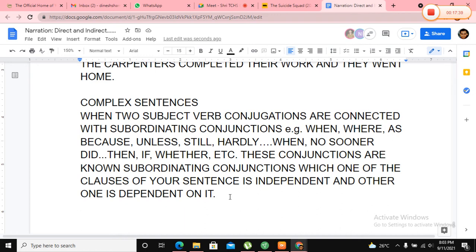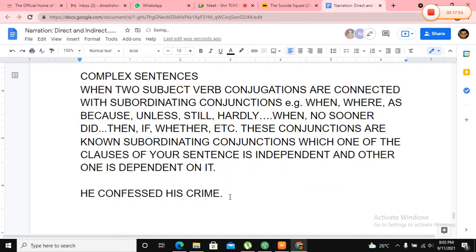So let's take some examples. He confessed his crime. This one is simple. You have to convert it into a complex sentence. He confessed that he committed the crime.